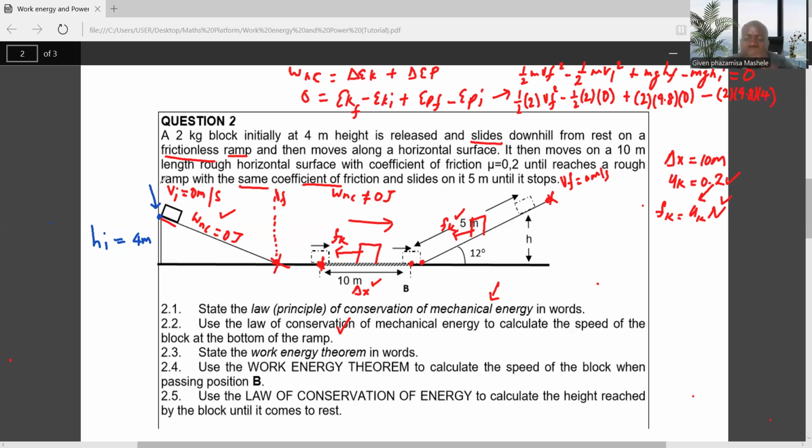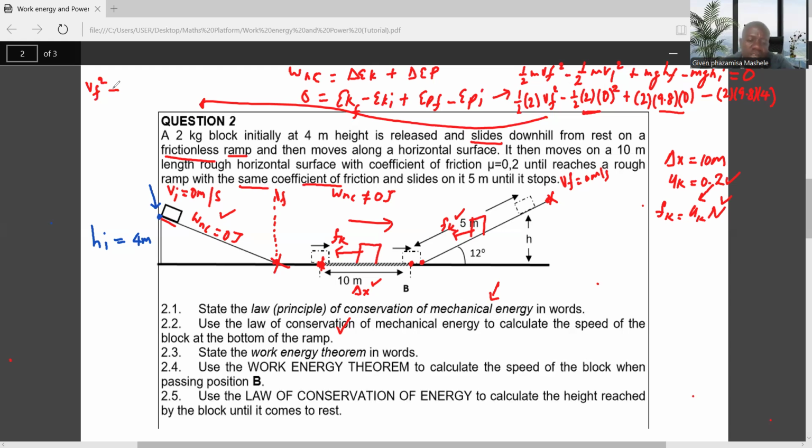We have it. Let's do the working, guys. I will transfer this expression this side. Half of 2 is just 1, so this will give us Vf squared. This part here, because of the 0 speed is 0, so that becomes 0. Even this will become 0. So we're going to remain with minus, how much? 2 multiplied by 9.8.